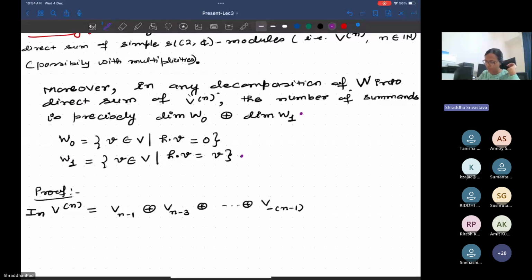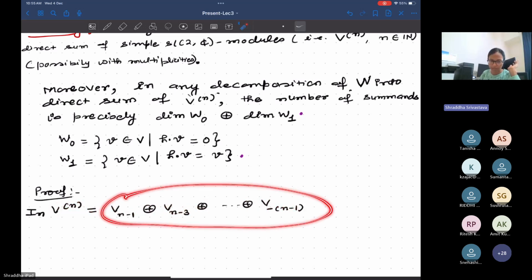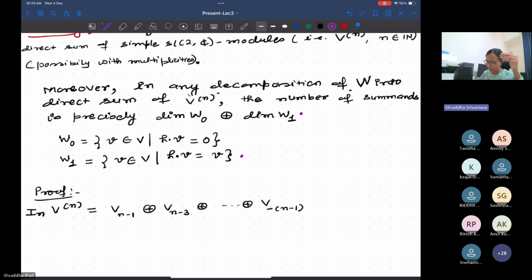All you have to do is look at your irreducible representation Vn. This is whatever we have discussed. It has this kind of decomposition. Don't confuse, this is not a decomposition into irreducibles. This is a decomposition with respect to the action of H only. So this is the eigenspace decomposition for the action of H. Now you just play with what happens when n is even, when n is odd.